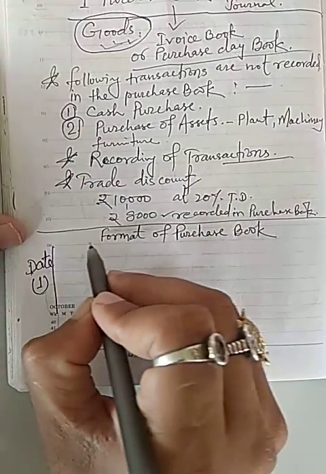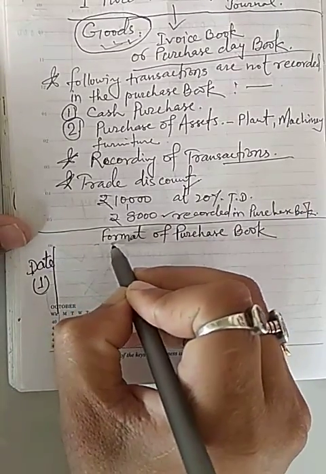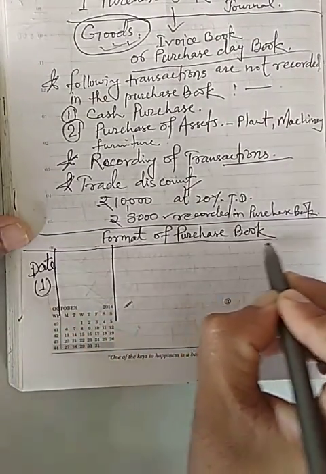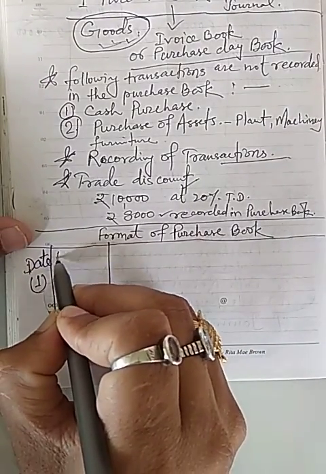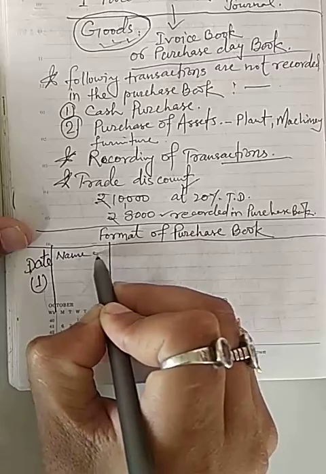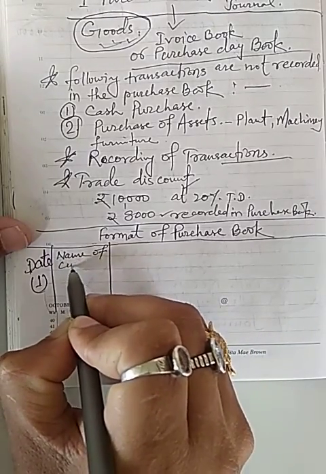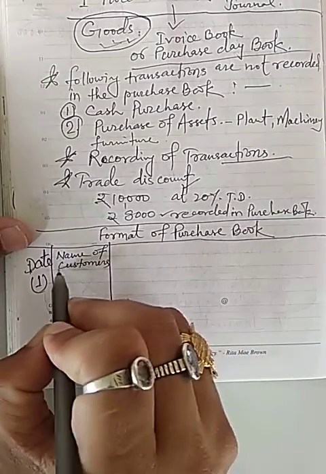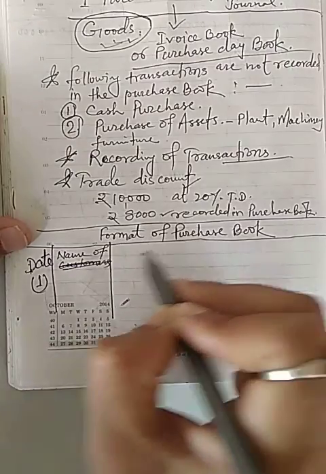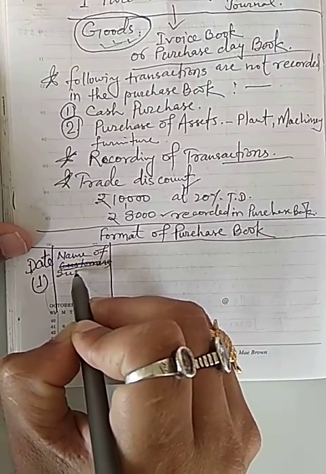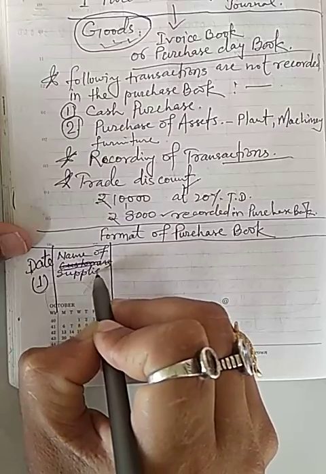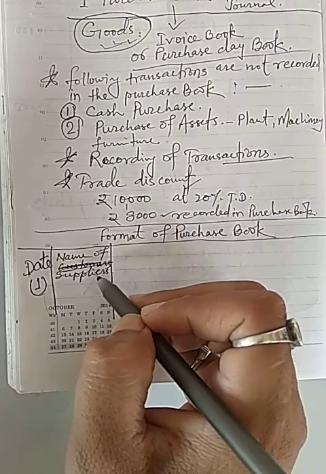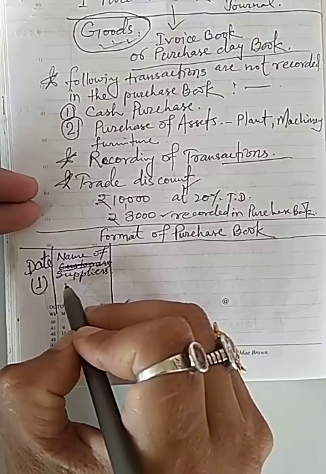The second column will be for name of suppliers, the account to be credited, or we can write particulars also.